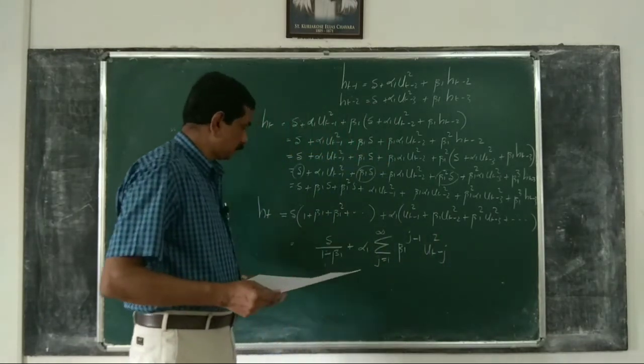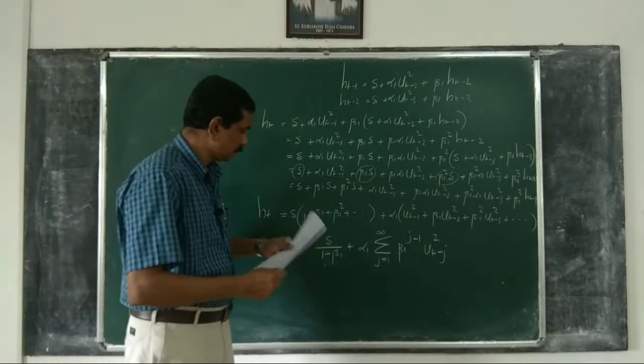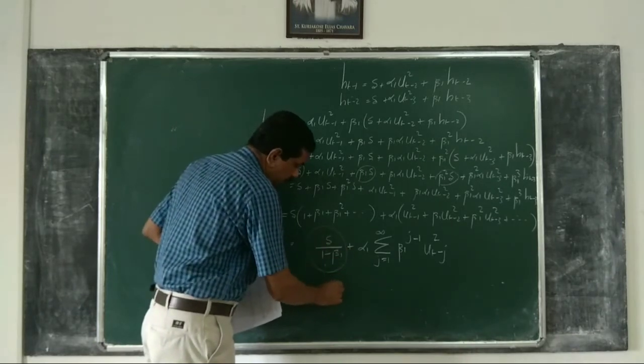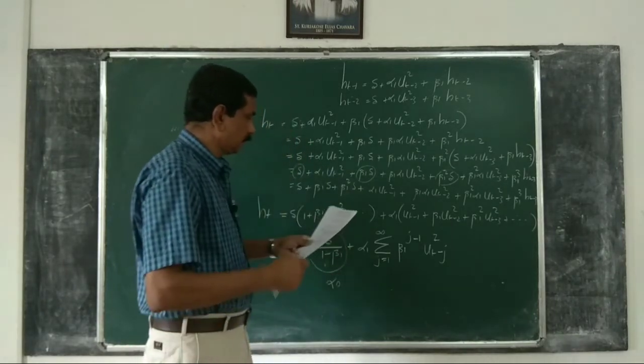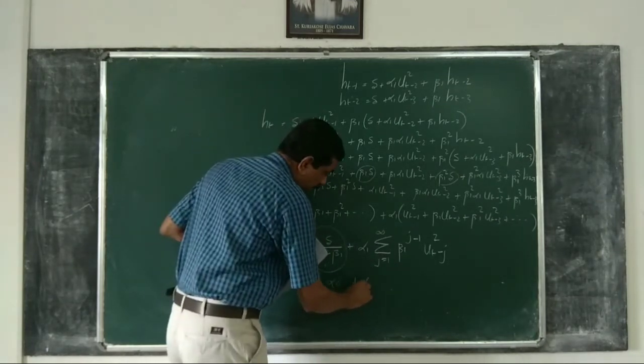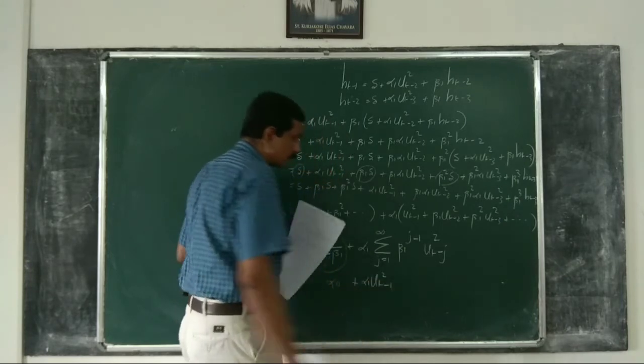Now you can see this is the constant alpha 0 we have introduced earlier. Then the next term was alpha 1 ut minus 1 square.